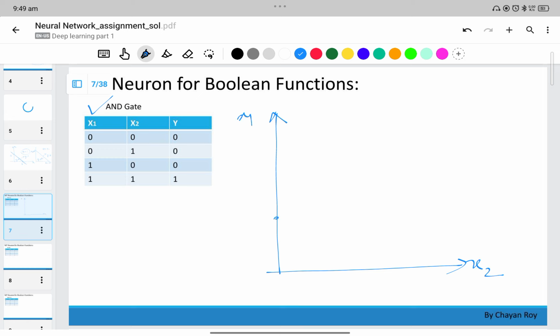We have 1 here, we have 0 here, we have 1 here, and we have 1 1 1. Let's use some color. This is our positive output, and all these are negative. This corresponds to 0 0 0. This is 0, this is 0, this is 0. So how will the decision boundary come? The decision boundary will come somewhere like this.